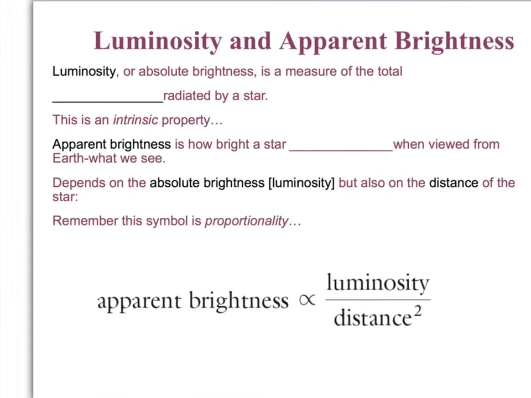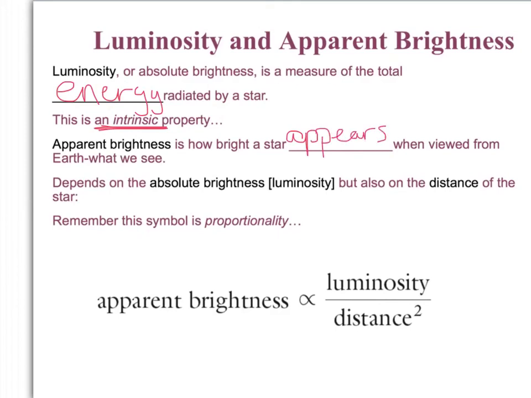Luminosity is a measure of the star's total energy. It's the total energy radiated by the star, and that's intrinsic because it's independent of distance, whereas the apparent brightness, opposite of absolute brightness, is how bright a star appears when viewed from Earth. And this is distance dependent.